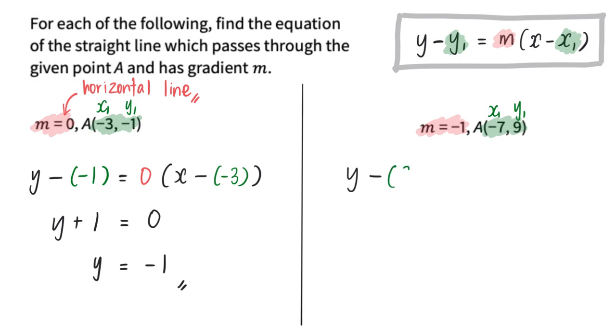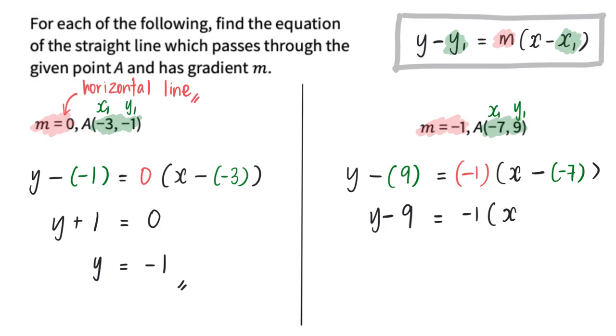So y minus 9 is equal to negative 1 multiplied by x minus negative 7. So I'm going to solve for this. y minus 9 equals negative 1 multiplied by x minus negative 7, which will be positive 7.